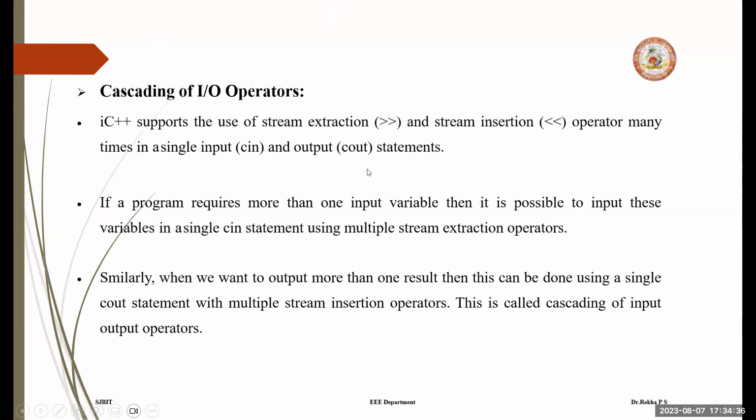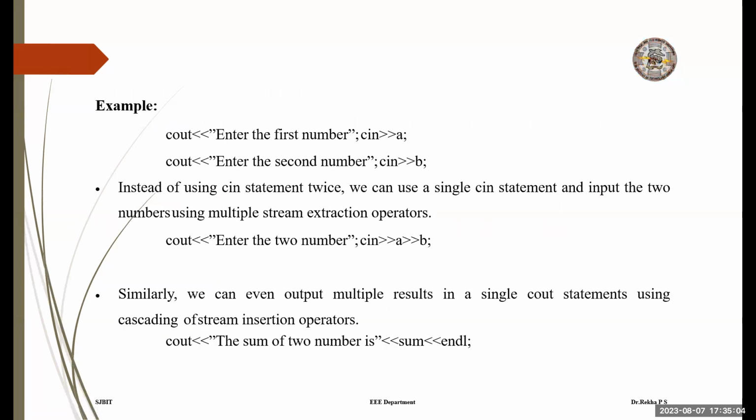If a program requires more than one input variable, then it is possible to input these variables in a single cin statement using multiple stream extraction operators. Similarly, when we want to output more than one result, then this can be done using a single cout statement with multiple stream insertion operators. So this is called cascading of input and output operators.